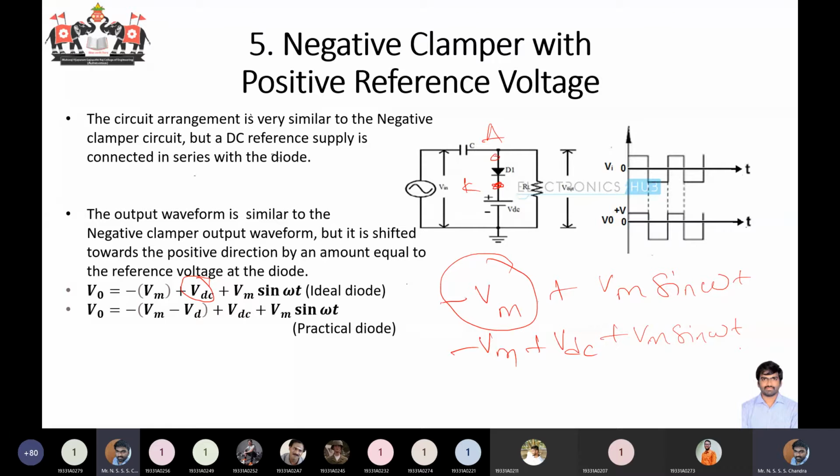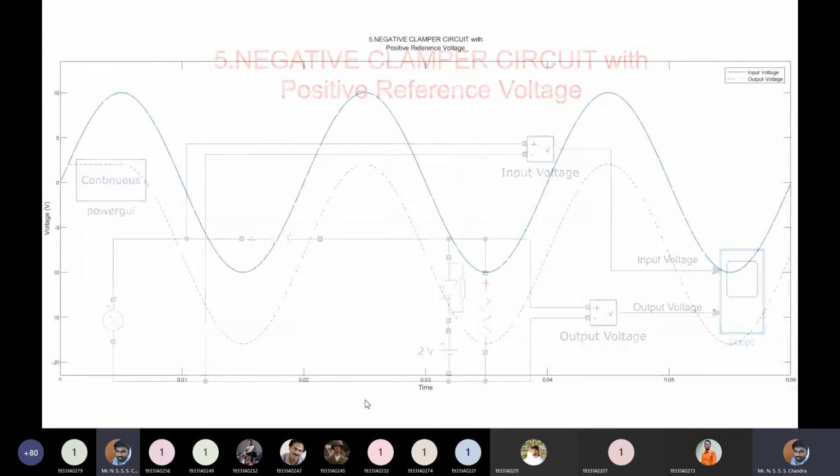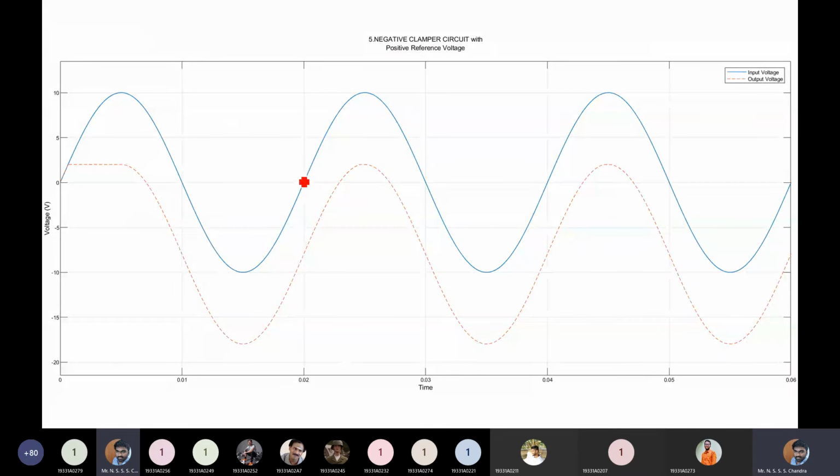So what is the maximum value you can observe in our simulation circuit? You can see that it is raised. Here, this value is around 2 volts. So this is your 0.